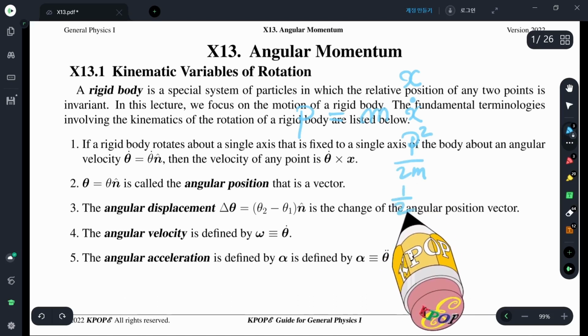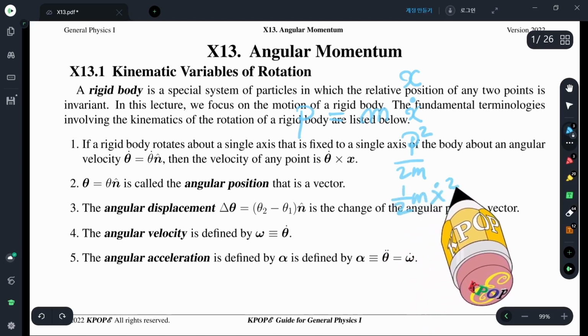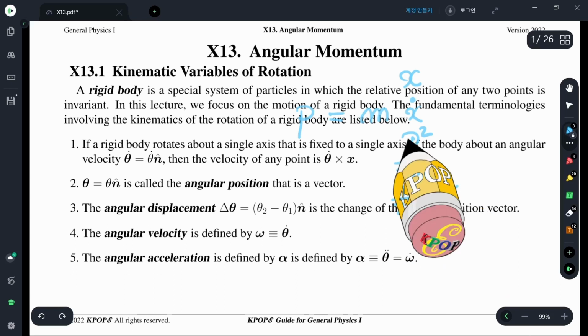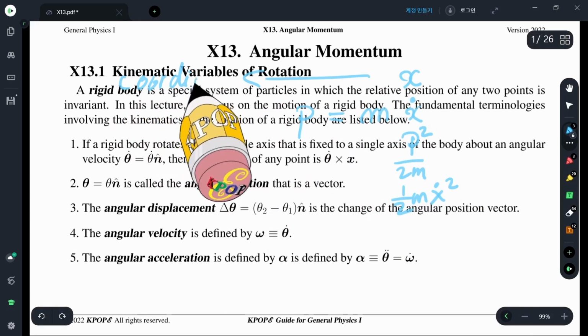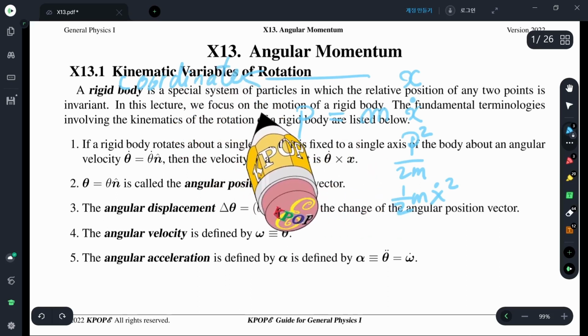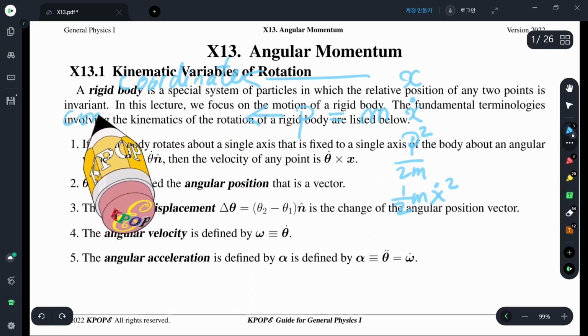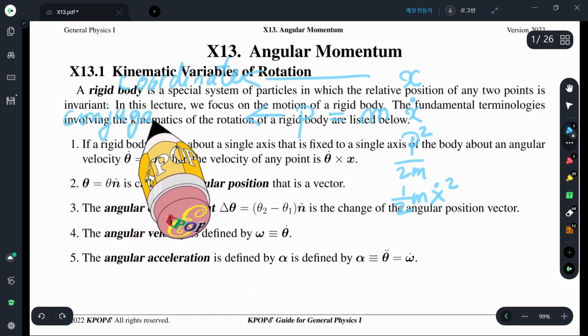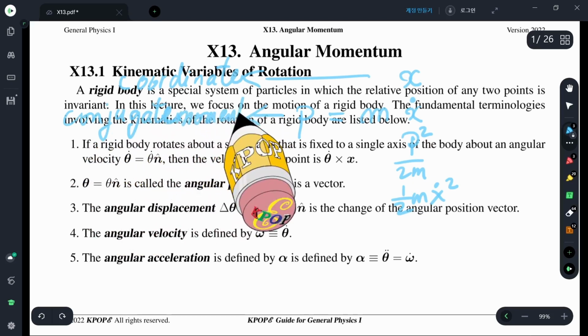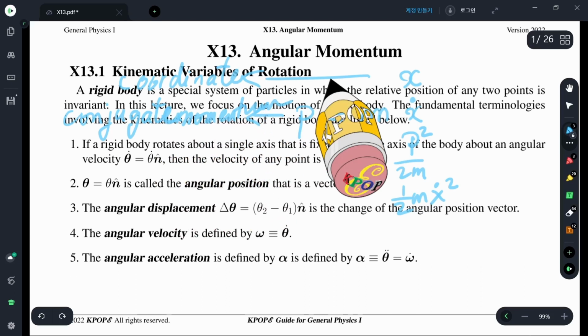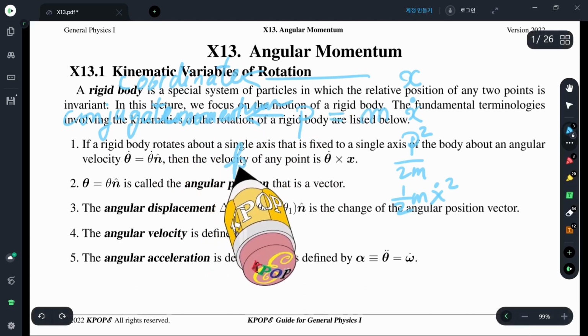Or we say this is a coordinate and this is a conjugate momentum. And kinetic energy.